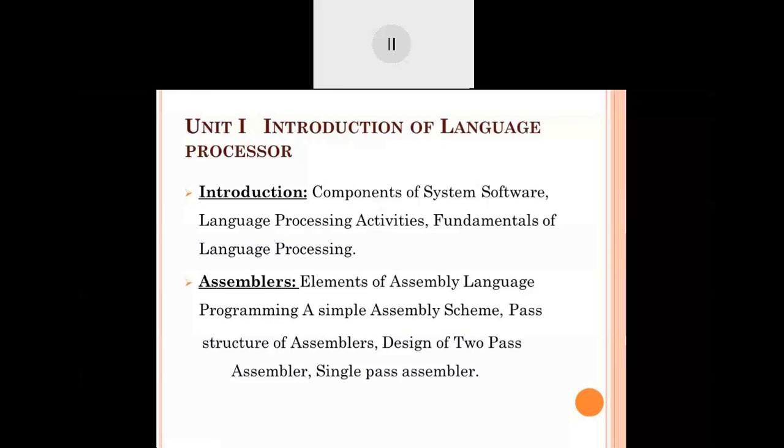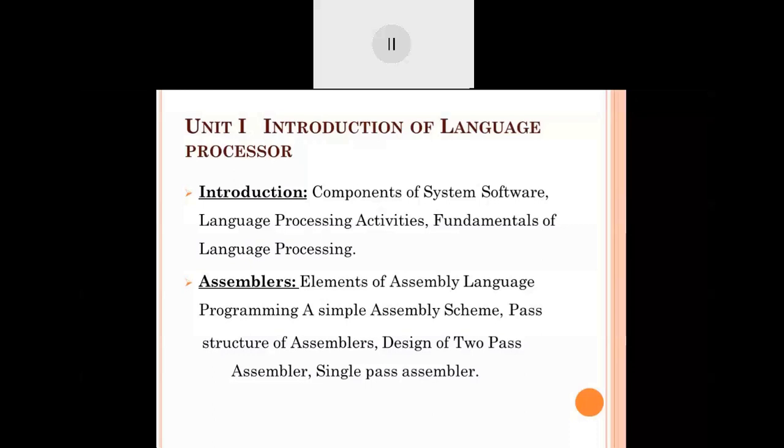Part one is called the pass one assembler or single pass assembler, and part two is called the pass two assembler or two pass assembler, whatever. So we will learn in detail about the pass one assembler and pass two assembler, how they work, and how they generate the output. After that, we have to design the code or program which works as an assembler.